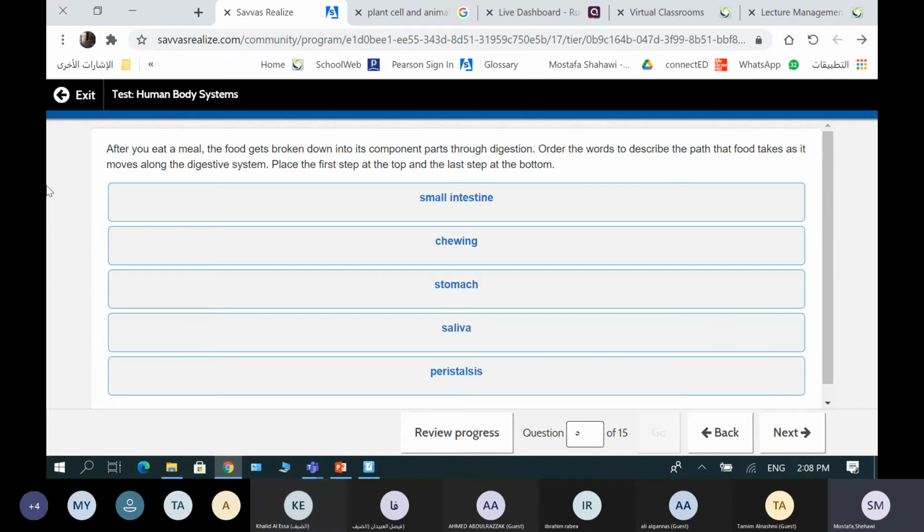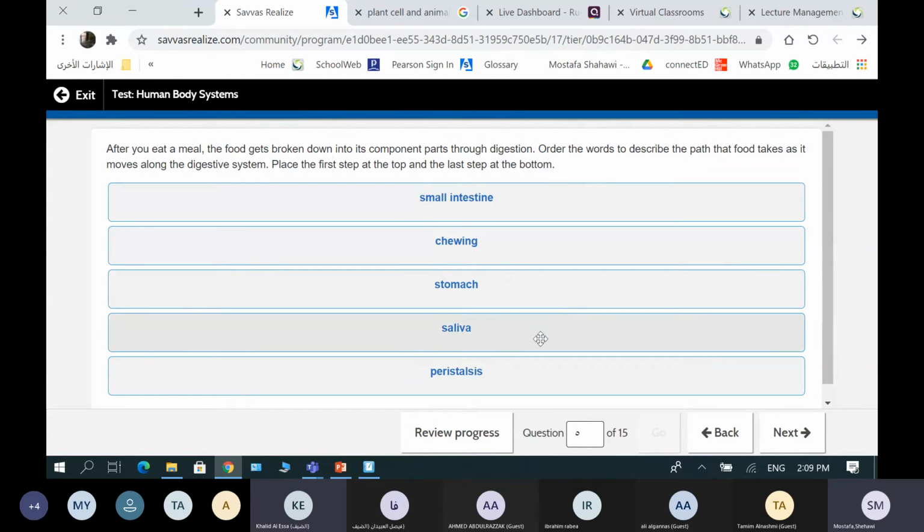Yes. Read this question. After you eat a meal, the food gets broken down into its component parts through digestion. Order the words to describe the path that food takes as it moves along the digestive system. Place the first step at the top and the last step at the bottom.